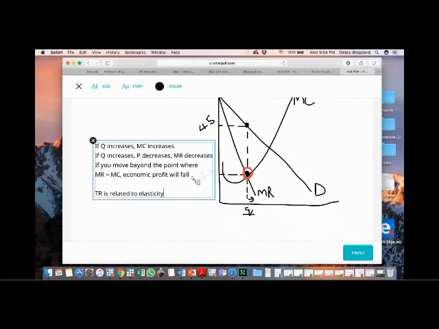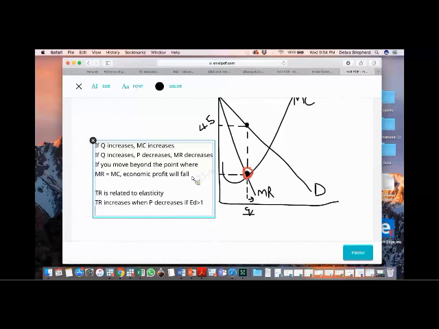So what we know from chapter 4, and it's repeated in chapter 12, is that total revenue increases when price decreases if elasticity of demand is greater than 1, so when it's elastic. Total revenue decreases when price decreases if elasticity of demand is inelastic, so less than 1.